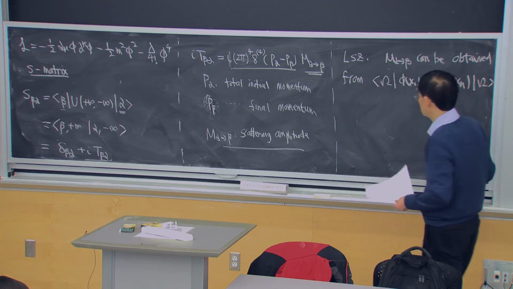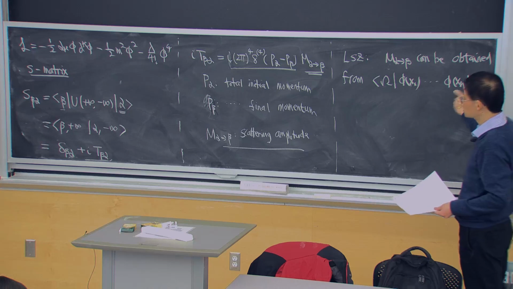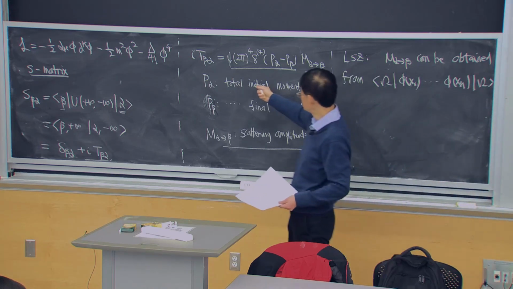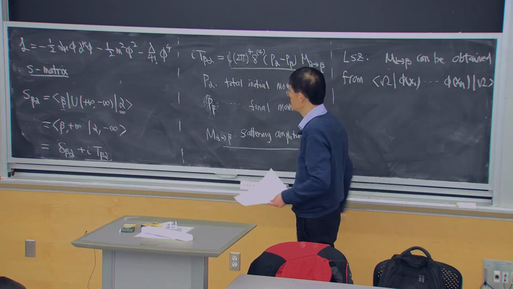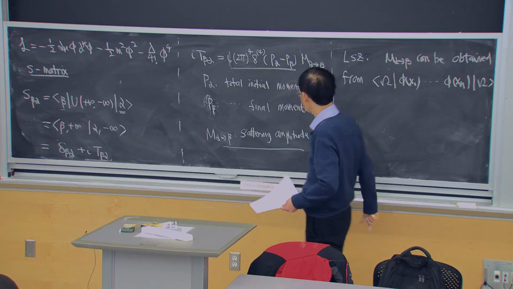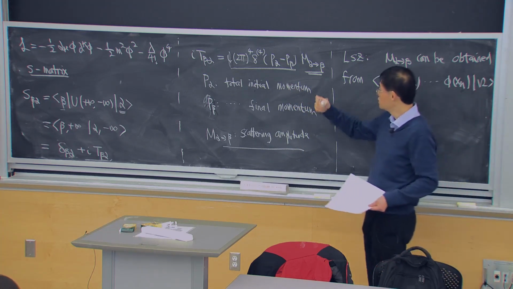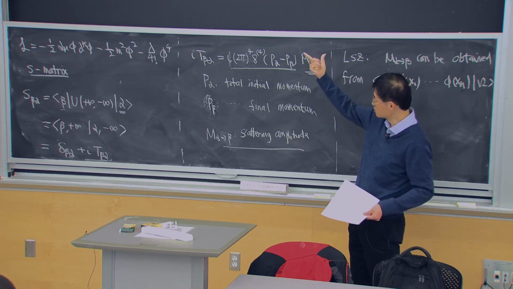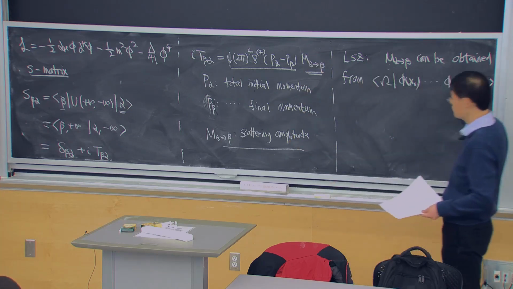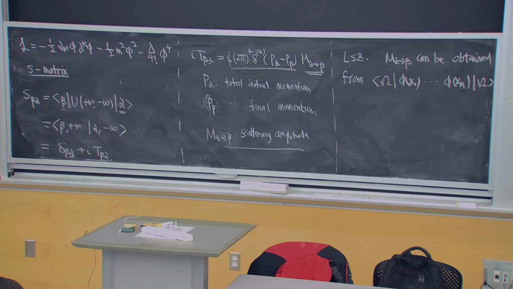The n would correspond to the total number of particles of the initial plus final states. Suppose you have 2 to 2 scattering, then n would be equal to 4. If you start from 2 particles and scatter into 3 particles, then n will be 5. Just the total number.